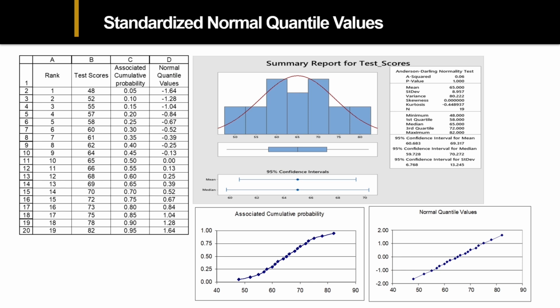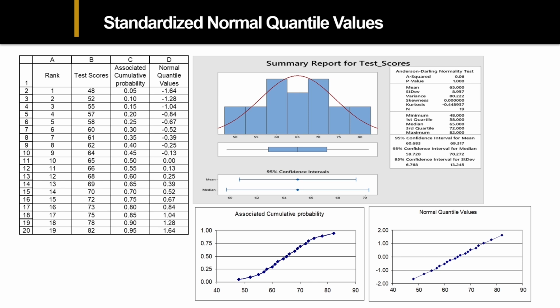Notice that the normal quantile values are symmetric between, let's see, rank 1 and rank 19. Both are 1.6445, but the sign is different, just to represent how they show up on the line compared to the mean. So that's what we would expect to see.